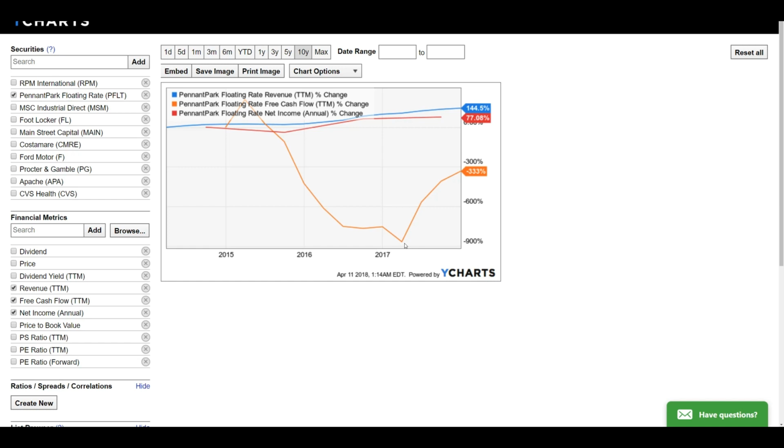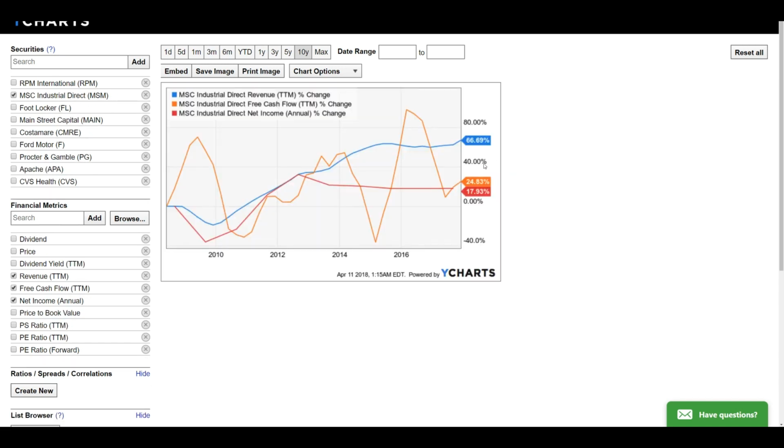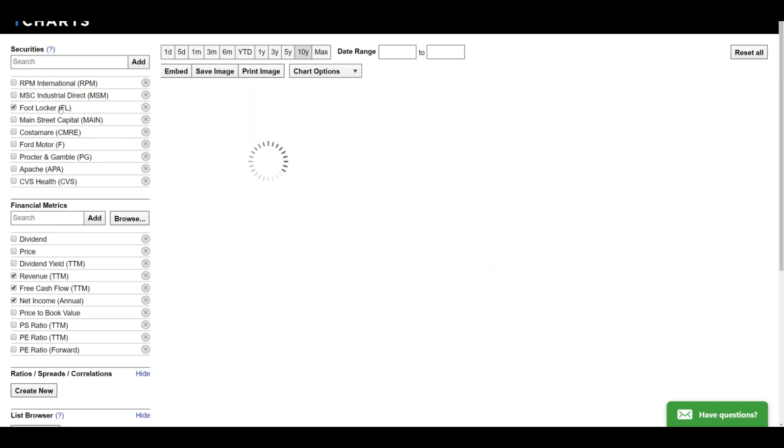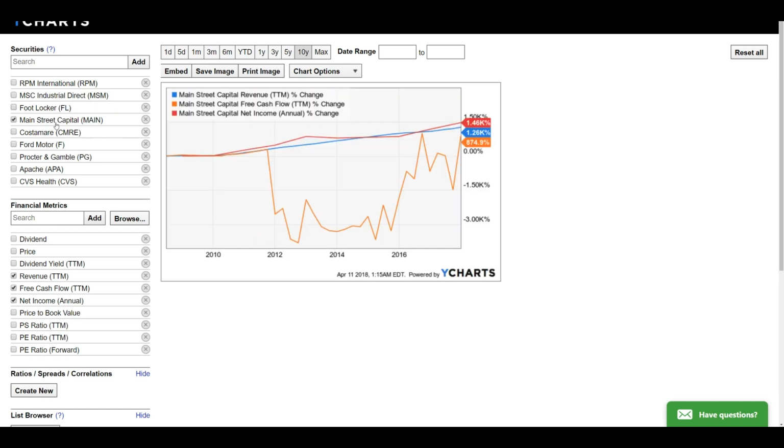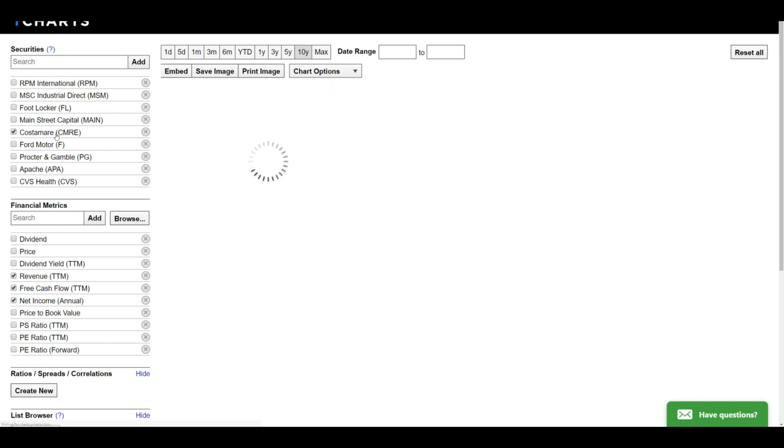So for the last 2 years, they may have been doing some sort of acquisition and blowing their money on that, but now they're recovering here, bottoming out here in 2017, and they've actually spiked up. They've recovered nearly half their loss there. But it has some negative, so I'm going to go ahead and remove it and continue. So there's some positive, and Main Street Capital, all very positive.